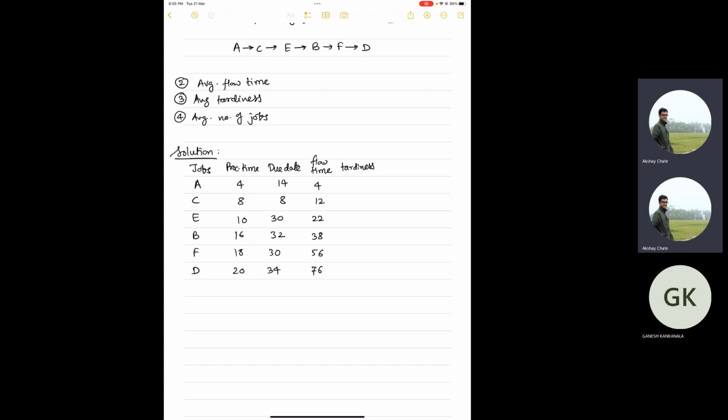So if on the 10th day you do the planning, then you have to consider 2 days for C and leave that. Then you'll have only 4 jobs, E, B, F, D. And then you'll see whether you should use the shortest processing time criteria or earliest due date, etc. And then you can modify, but the procedure remains the same.